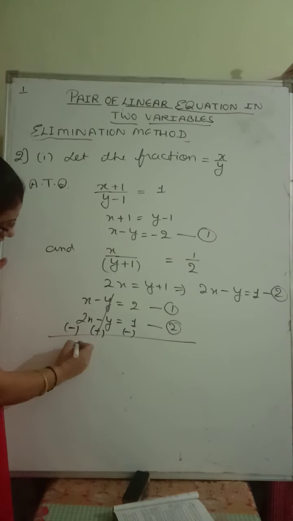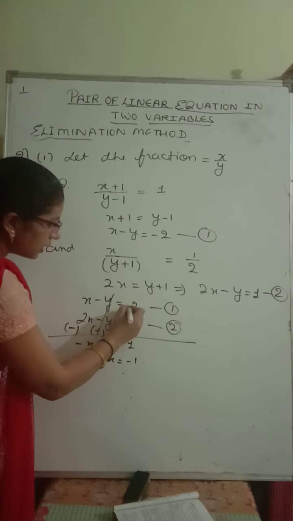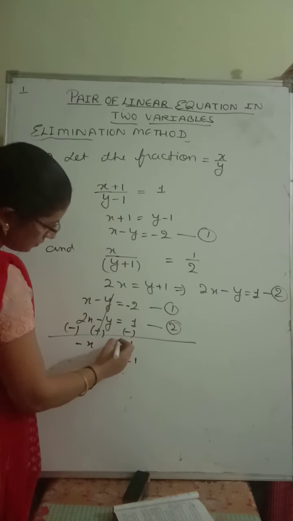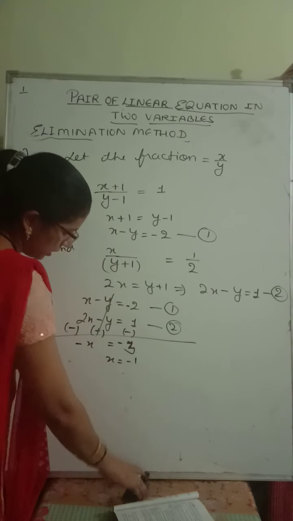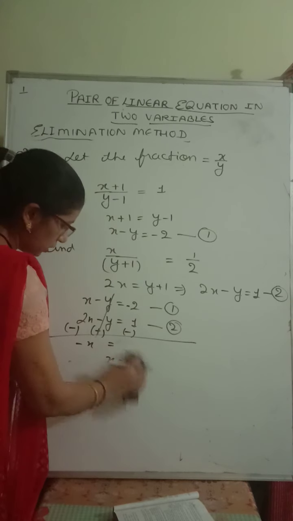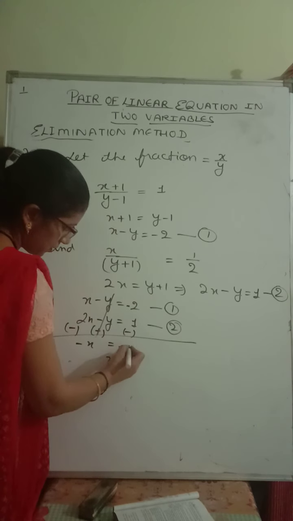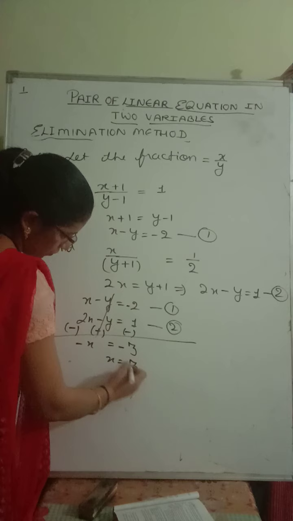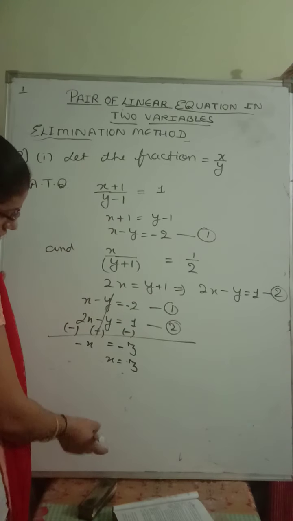Minus x equals minus 3. Okay, sorry. So it becomes x minus y equals minus 2, and minus minus plus, it is minus 3. So what will be the value of x here? Plus 3. Okay, minus minus cancel out, x is equal to 3.